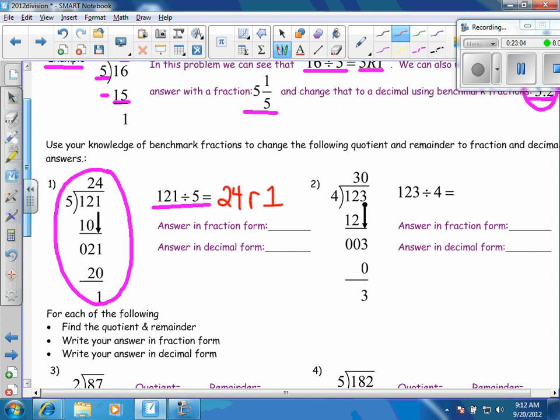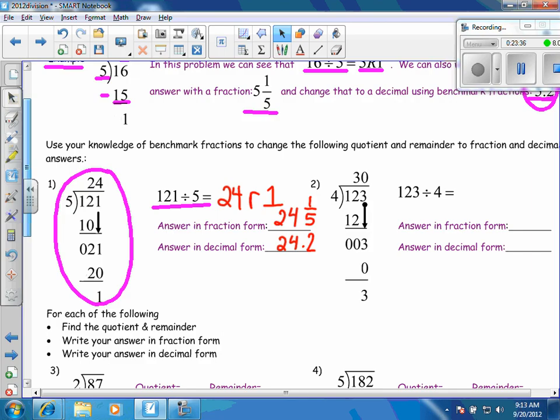Quinn? 24, and then the 1 on top, and then the 5. Exactly. And then Quinn, can you look at your double number line? You know 1/5. That's even better if you guys know these by memory. What's the decimal for 1/5? Yeah, 2/10, right? So 24.2. So this is your classwork.